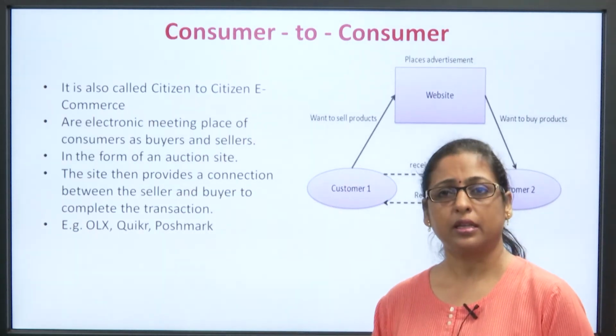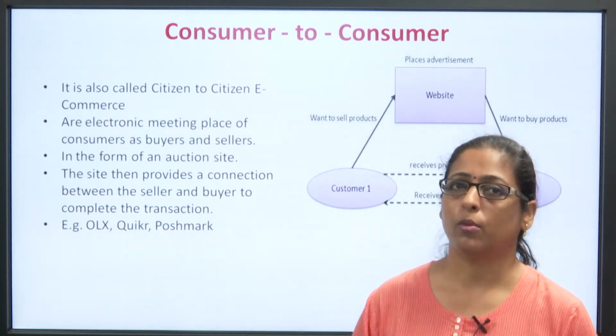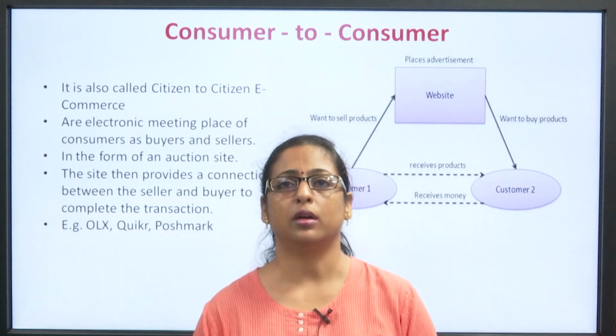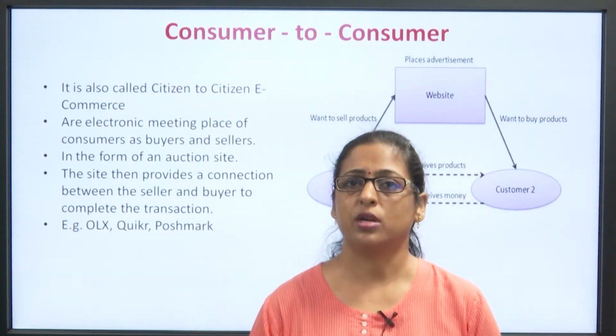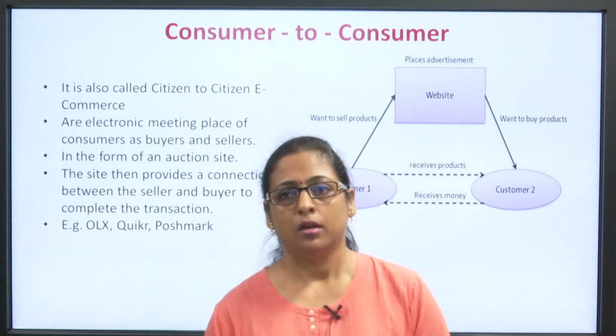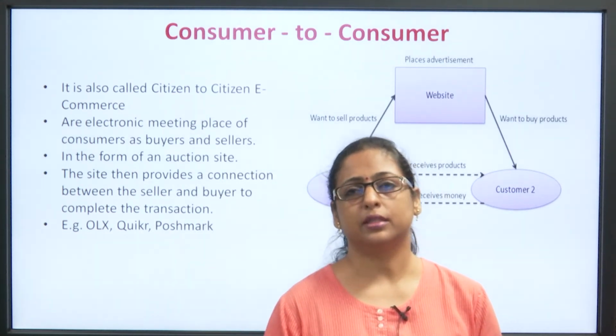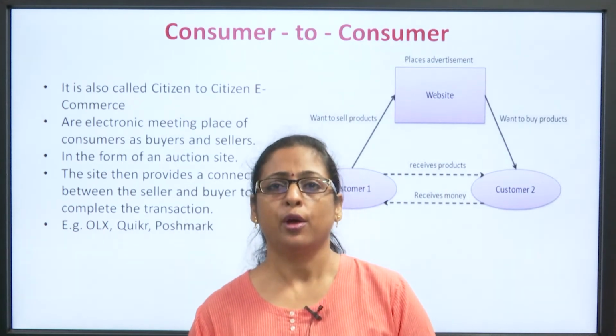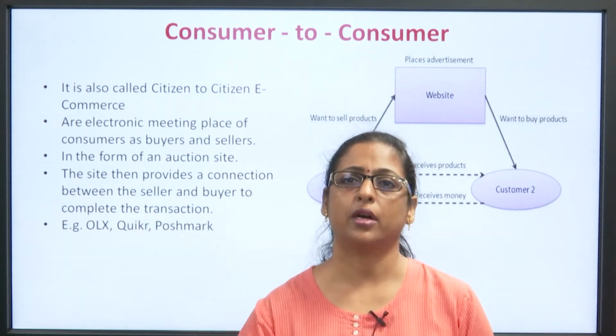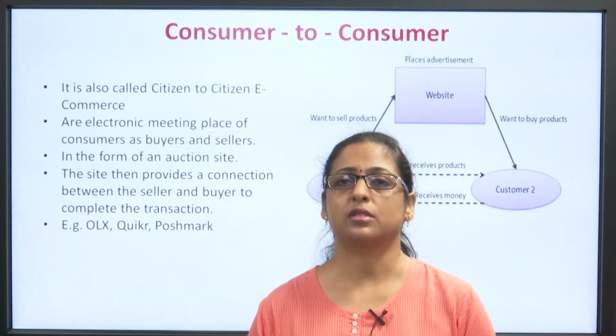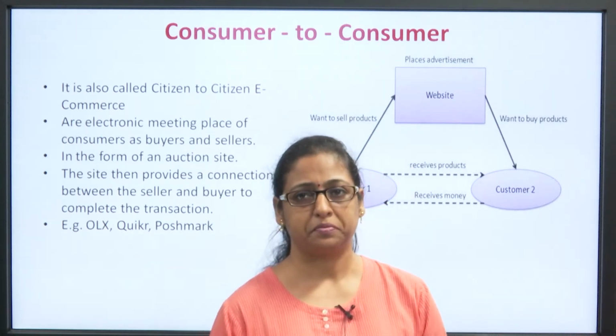Then we have another model which is called the C2C model. C2C is basically called consumer to consumer model or citizen to citizen model. So, this is basically one relationship where any customer is having an e-business relationship with any other customer.